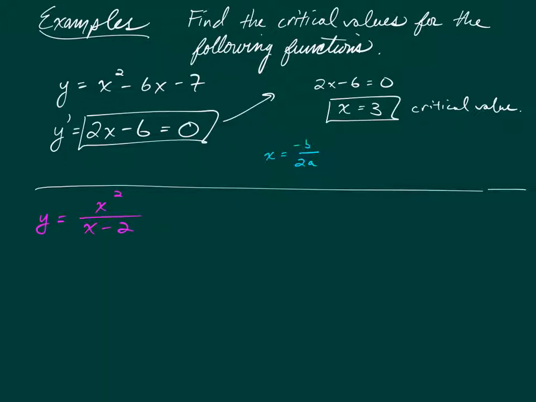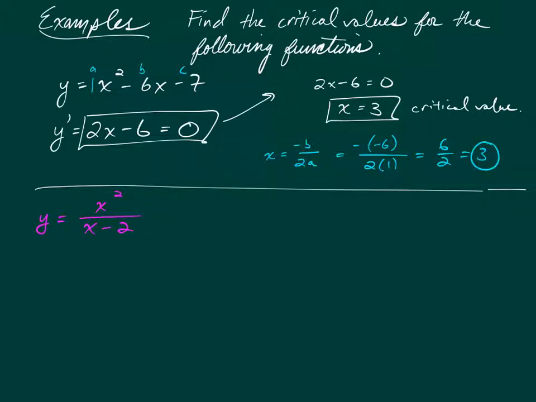And if you come up here and identify a as being 1, b as being -6, and c as being -7, like ax squared plus bx plus c, the standard form for a quadratic function, you can then substitute these numbers in here as being negative -6 all over 2 times the a value of 1, which leaves you with 6/2, which is 3.